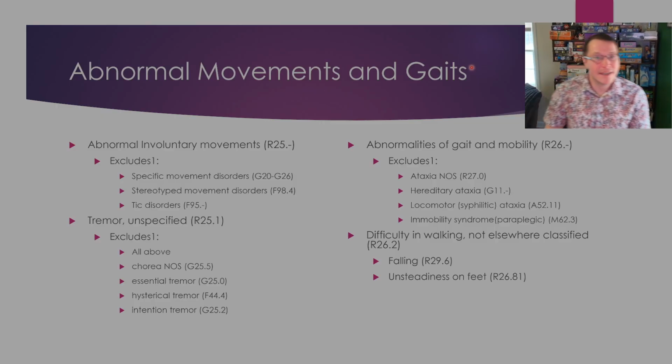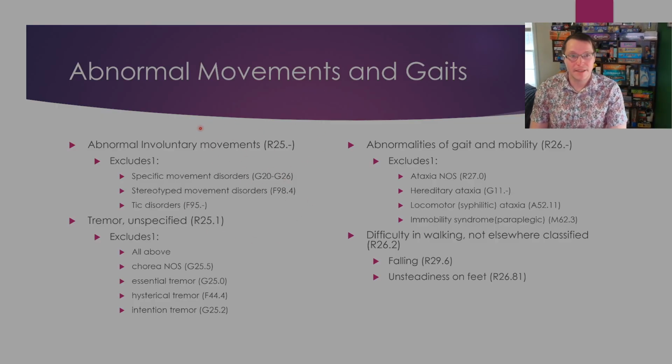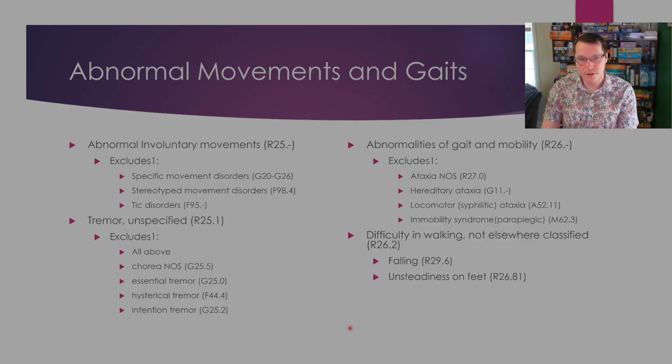Abnormal movements in gait. These codes have their own little guidelines here, where a lot of the times it's going to be mostly neurological conditions that they're not able to work with. So if there's an actual neurological condition code, that's what these G20 through G26 codes are, don't use these codes. Instead, use the more specific code, obviously.